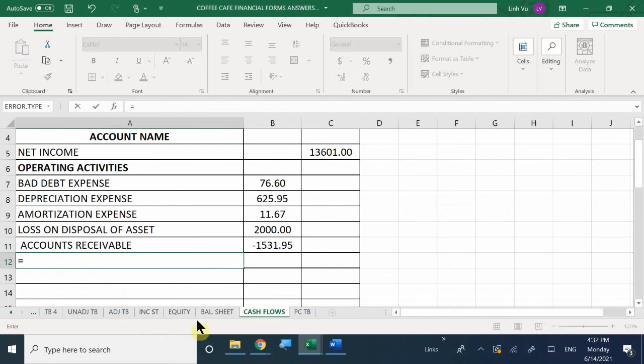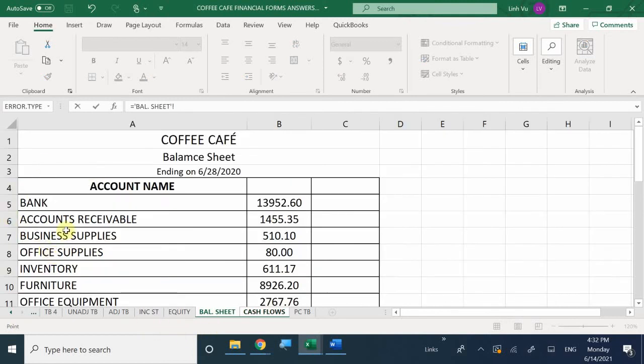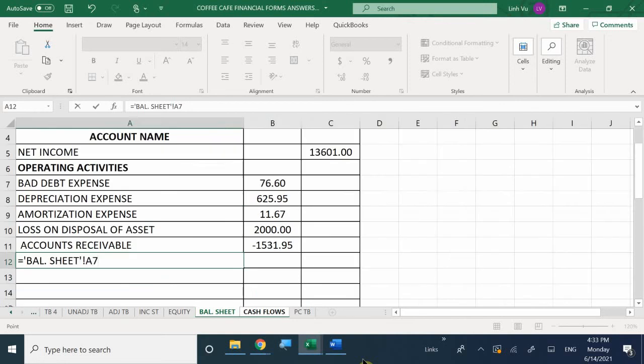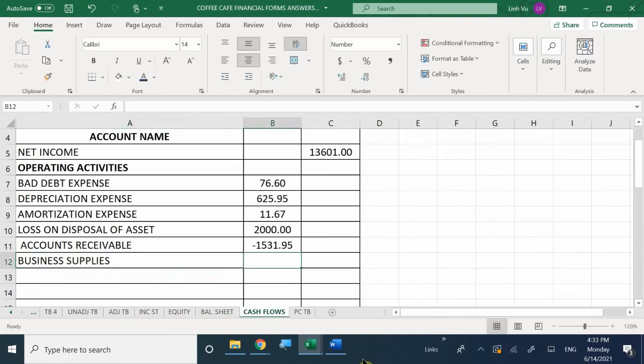So let's go ahead and see what the next one is going to be. The next one is business supplies. In this case, my business supplies hold a value of $510.10. Now, in this context, I'm still holding $510.10, but in reality, that's money we've already spent.